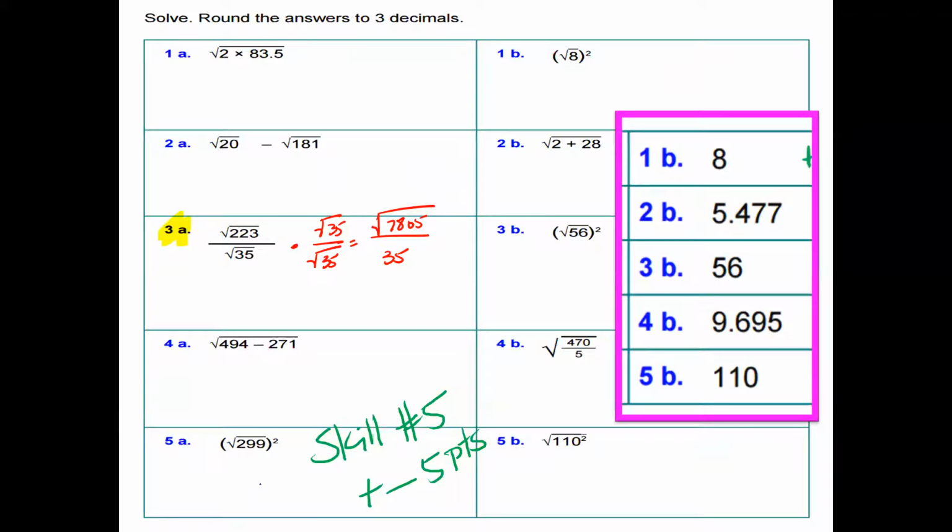Let's see if there's any way for me to reduce this. I know I can break this down to square root of 5 and square root of 1,561, which I can then break down into a square root of 7 and a square root of 223.